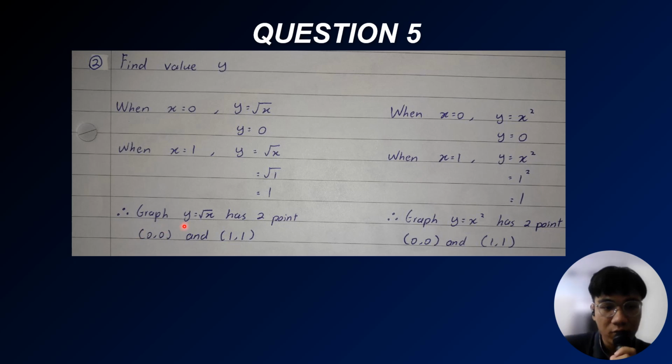So the graph y equals square root of x has 2 points, which are (0, 0) and (1, 1). For the equation y equals x squared, we do the same: when x is 0, y equals 0, and when x equals 1, y equals 1. So the graph y equals x squared also has 2 points, which are (0, 0) and (1, 1).